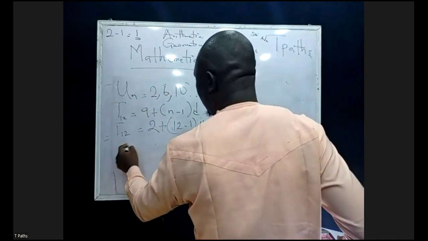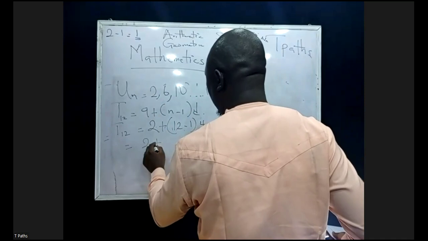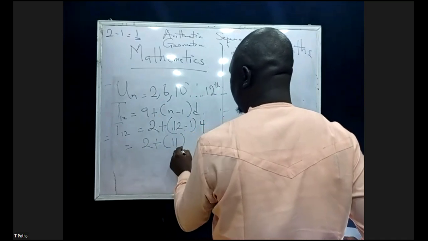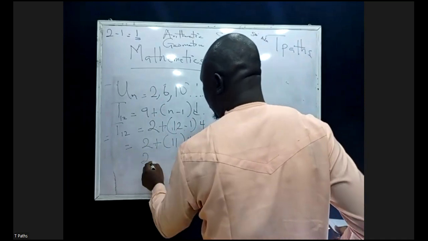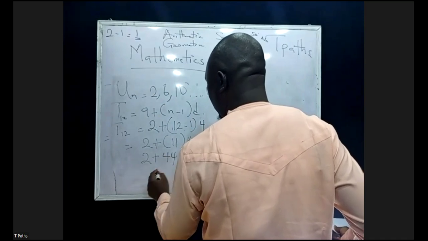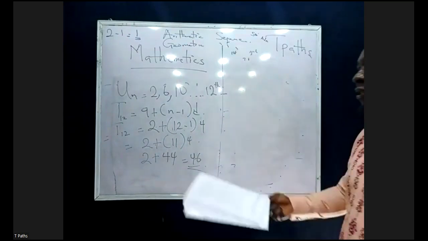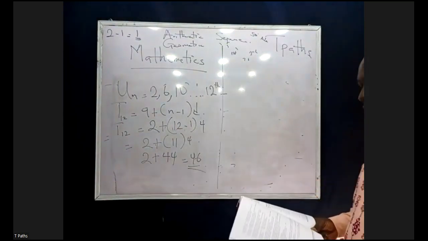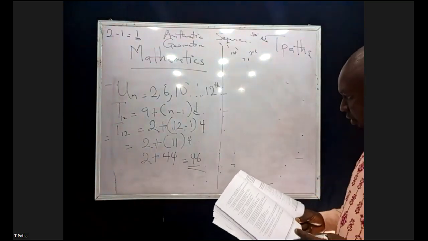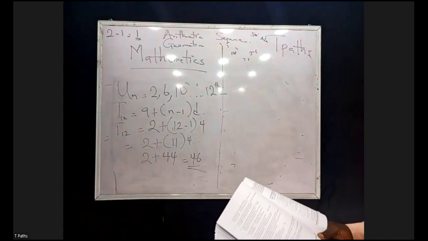So T12 is 2 plus 11 times 4, or 2 plus 44, which is 46. If the sequence continues till the 12th term, we're going to get 46, which is option A.